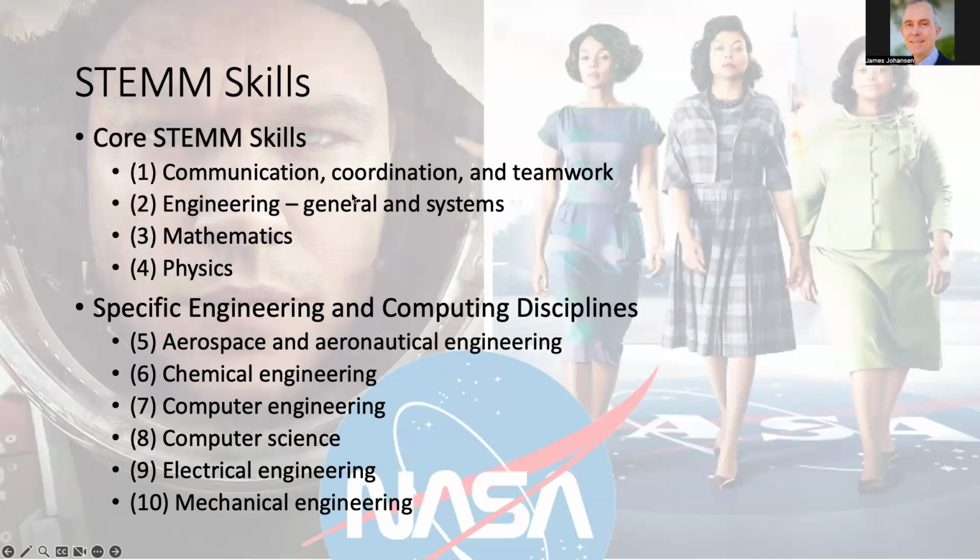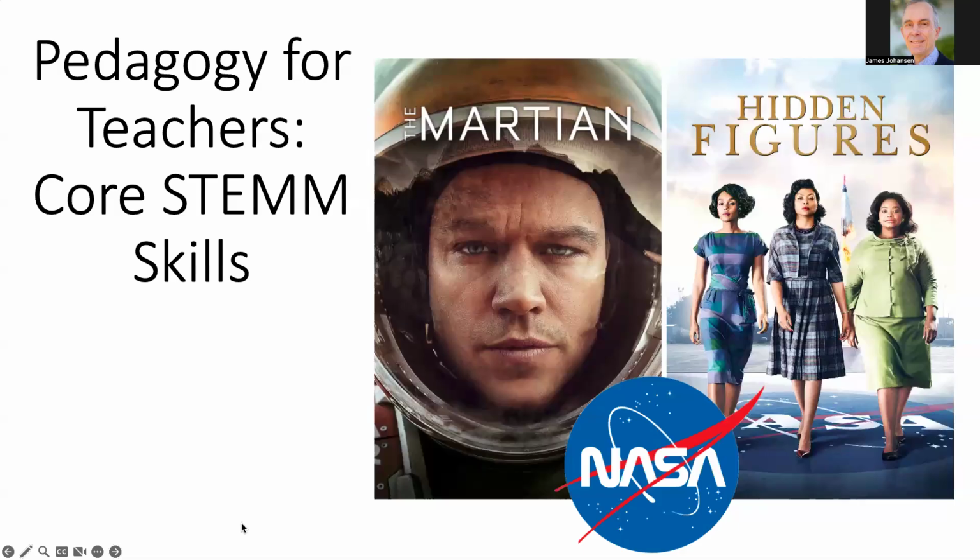So communication, coordination, and teamwork, engineering, both general and systems, mathematics, and physics. Those would be all encompassing. And so this is not getting specific about engineering for the most part. And now we get into more specific areas: aerospace and aeronautical engineering, chemical engineering, computer science, electrical engineering, and mechanical engineering. We'll have a slide for each one of these.